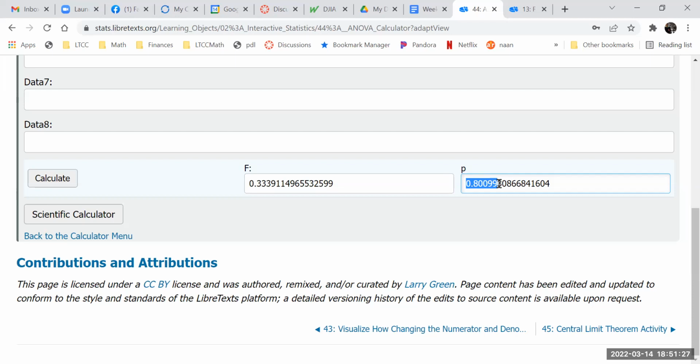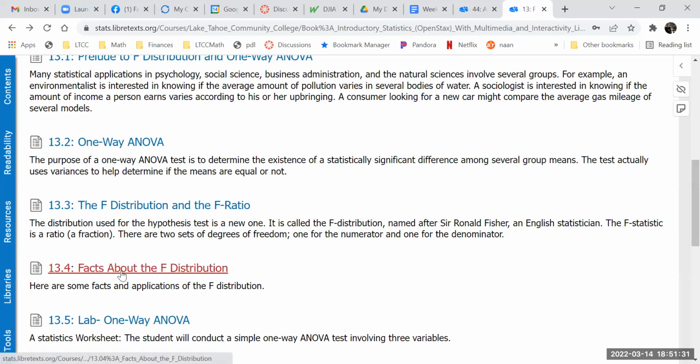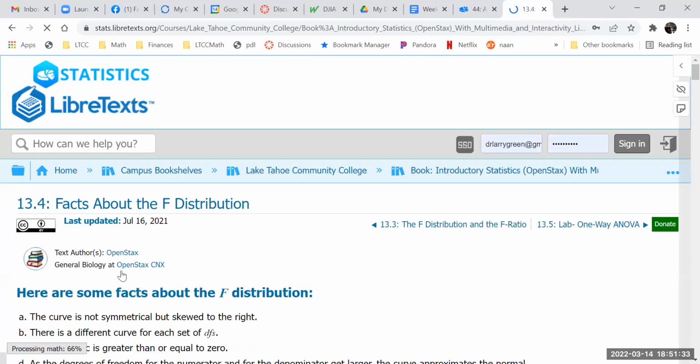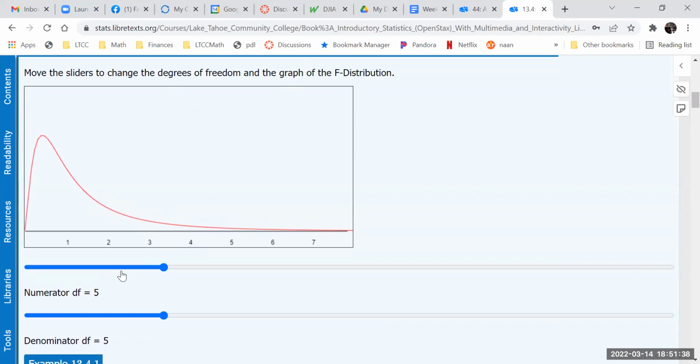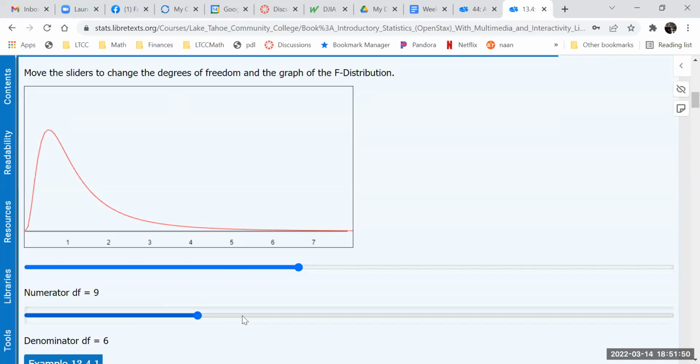I think it's 13.4, facts about the F distribution. Oh, maybe I did have the wrong one. Yeah, I thought I had coded it. Sorry about that. Oh yeah, there it is. I knew I did it. So it turns out there's two sets of degrees of freedom, the numerator and the denominator degrees of freedom. And this is what it looks like. You can see that it's pretty much a skewed right distribution.